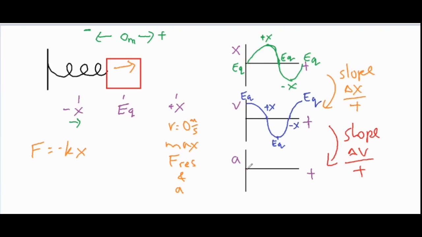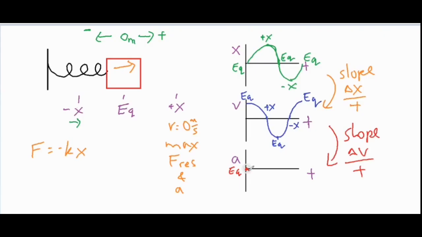So the first thing the acceleration is going to do is start at its equilibrium position and temporarily not have any acceleration there because the spring is neither stretched nor compressed at that point. And then as soon as it passes the 0 point going towards the positive direction, it's starting to stretch the spring, and the spring is going to pull it back towards its negative direction.